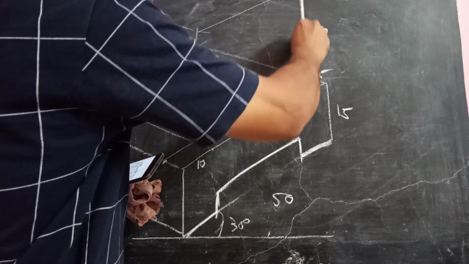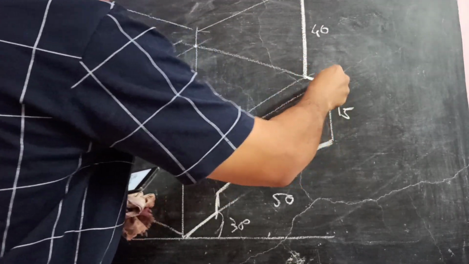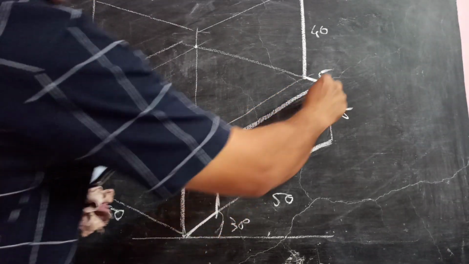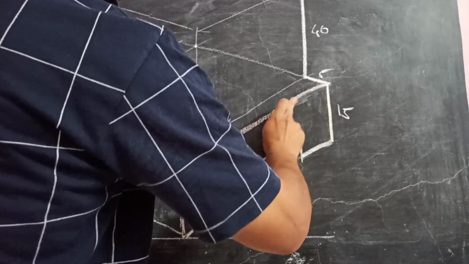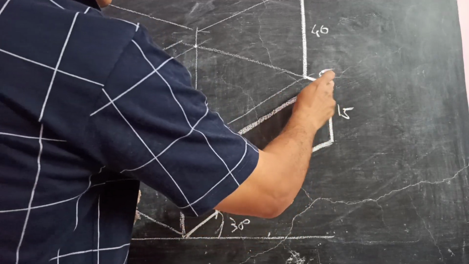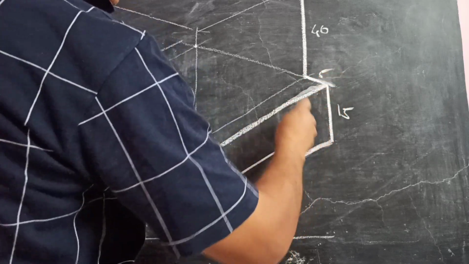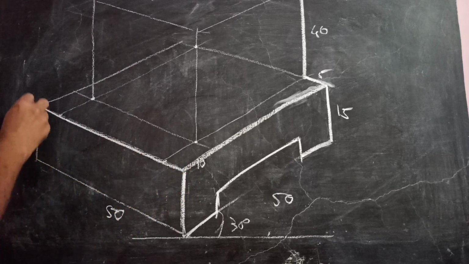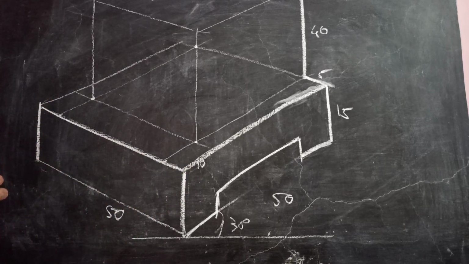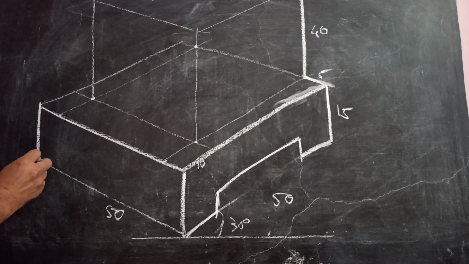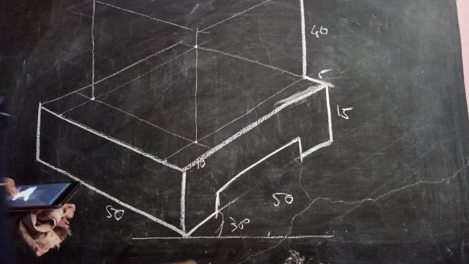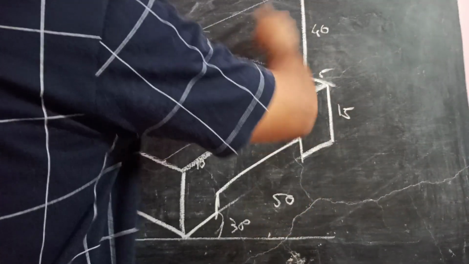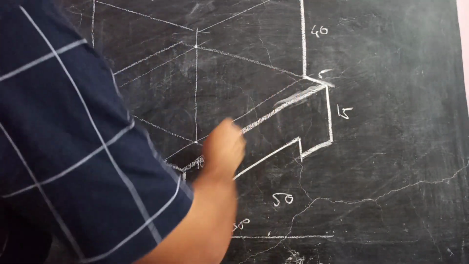So this is 40 by 40, the height is 40, the length is also 40 by 40.